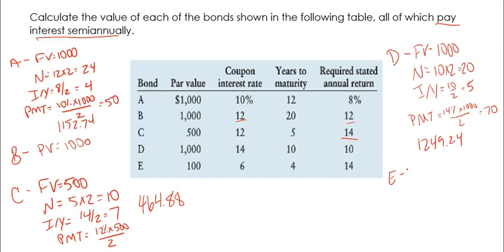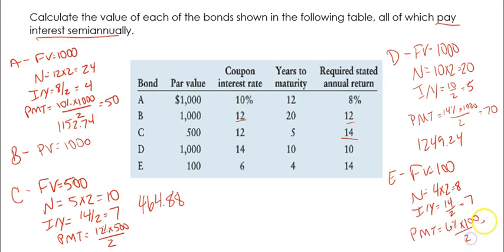And now E. E has a face value of $100, 4 years to maturity, so that's 8 periods. Discount rate is 7, and the payment is equal to the 6% times $100 divided by 2. So it should be $3. Well, let's calculate the present value.